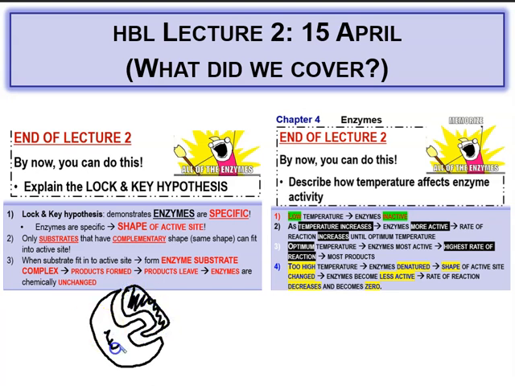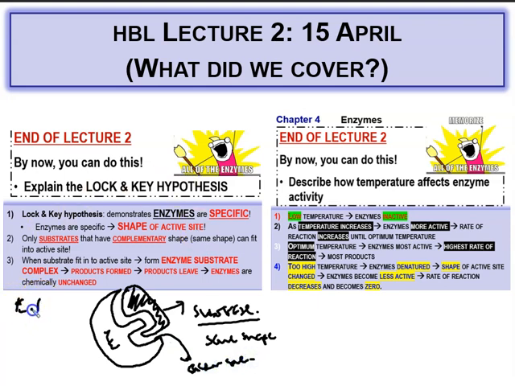So this is your enzyme and this is your substrate. Once the substrate has the same shape as the active site, the enzyme and substrate can combine to give you an ES complex, known as an enzyme-substrate complex. Then this will undergo a chemical reaction to give you products.